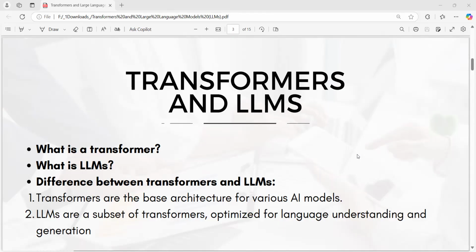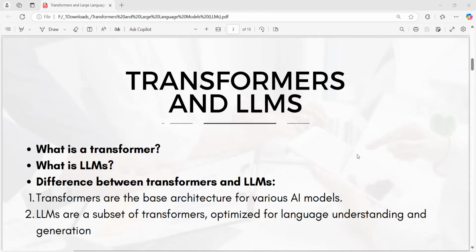They used self attention mechanisms and positional encoding to process input sequences in parallel, making them highly efficient for natural language processing, computer vision, and multimodal tasks. You can see examples of transformers in today's applications, for example BERT, GPT, T5, or Vision Transformer, ViT. So, transformers are a type of deep learning architecture.